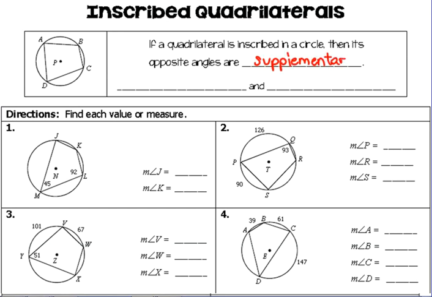And y'all are pretty good about knowing what that means, but let's just formalize it. The measure of angle A plus the measure of angle C is equal to 180 degrees, and that means the measure of angle B plus the measure of angle D is equal to 180 degrees.